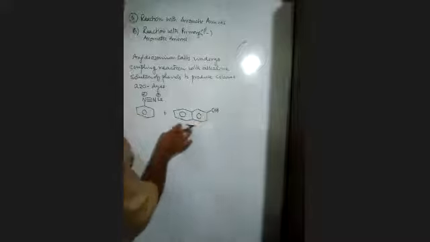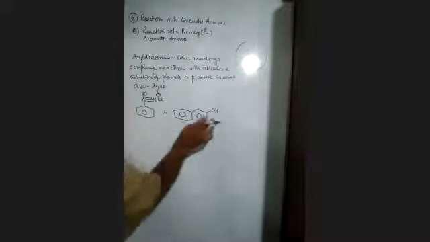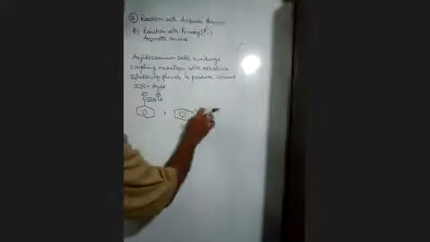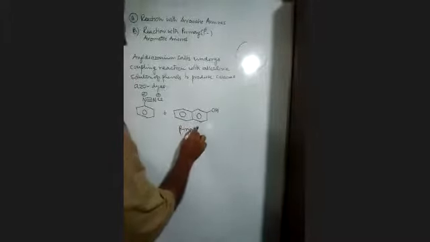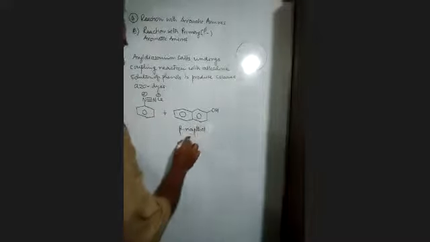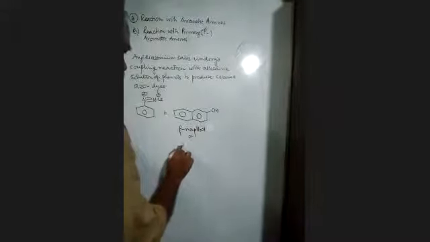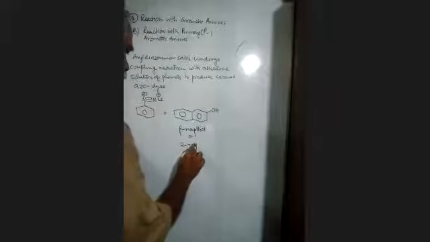See, this is naphthalene. As OH is there, we call it naphthol. In classical name, this position is alpha, this is beta. So we call them as beta naphthol. Or if you go for IUPAC name, we call it 2-naphthol.